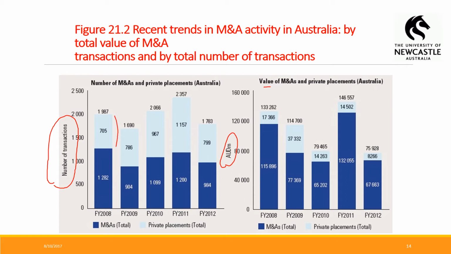By number, M&A transactions are quite comparable to private placements over time. However, when we look at the size of the M&A activity compared to private placements, we see that M&A activities are very large compared to private placements, right?